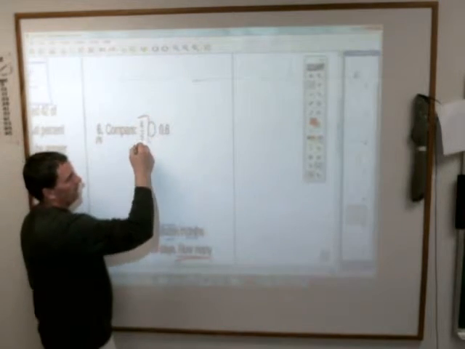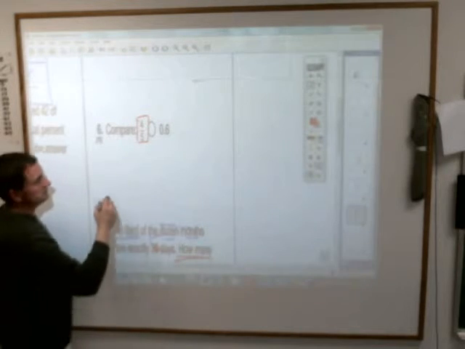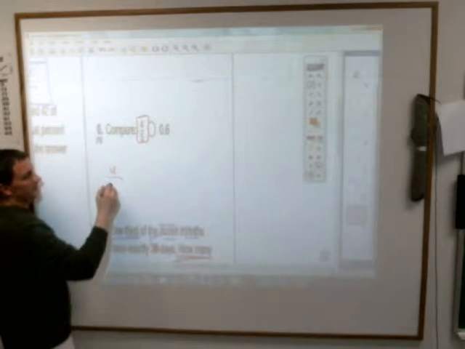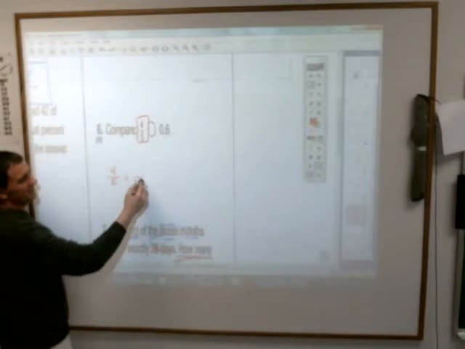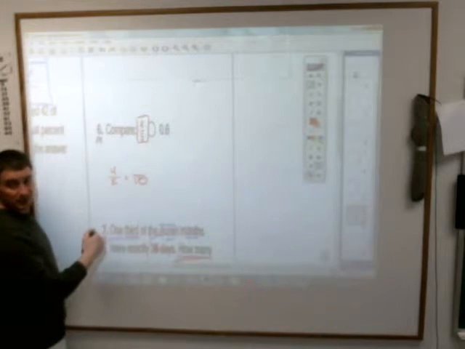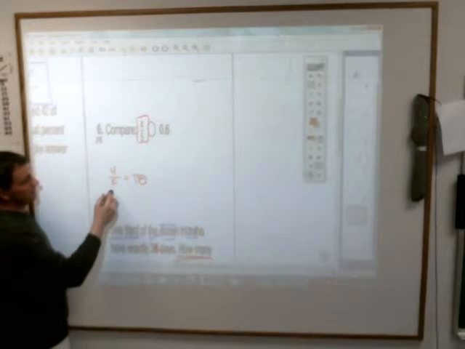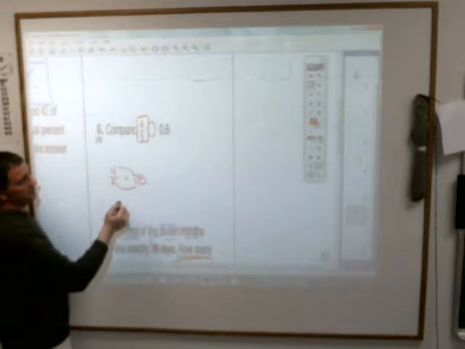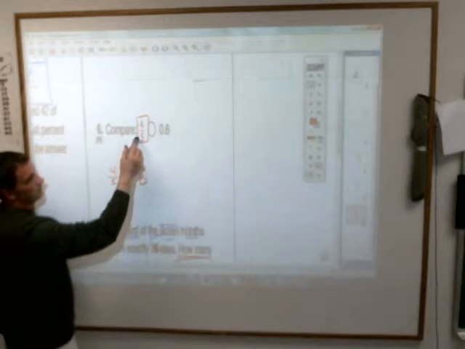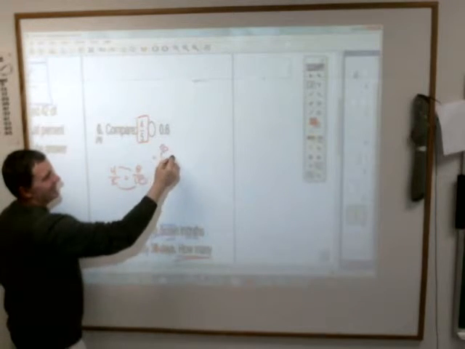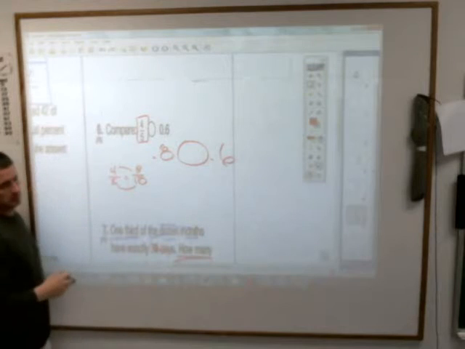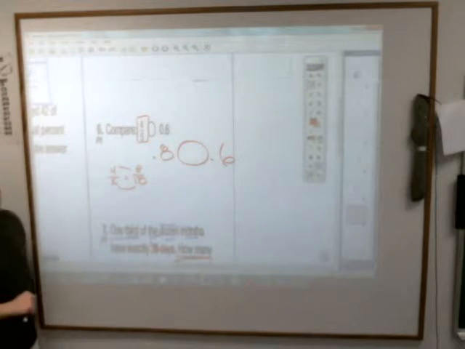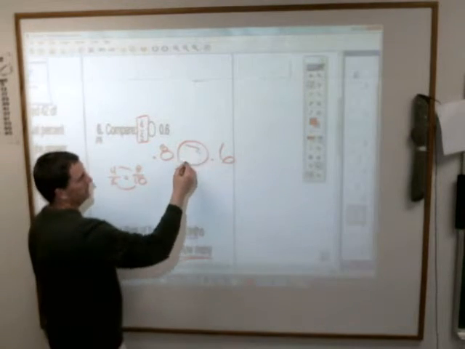What is 4/5 as a decimal? Well, decimals are either in tenths or 100ths or thousands, so change this into tenths. 4/5 is how many tenths? Grace? 5 times 2, 4 times 2 is? 8. Right, so 4/5 is 8 tenths compared to 6 tenths. Which one's bigger? 8.